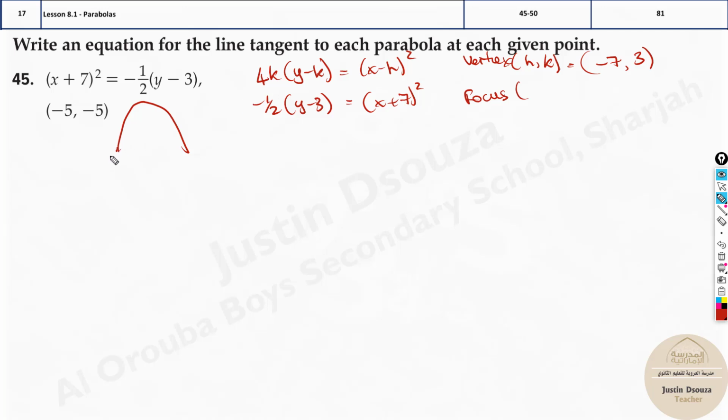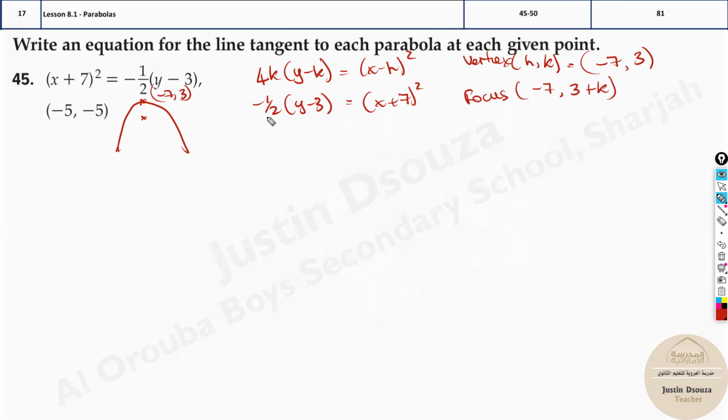But since it's minus, it goes down. So now the focus over here is how much? The vertex is minus 7 comma 3, and the focus will be down. The x value will remain the same. It doesn't change. But the y value now will be 3 plus k.